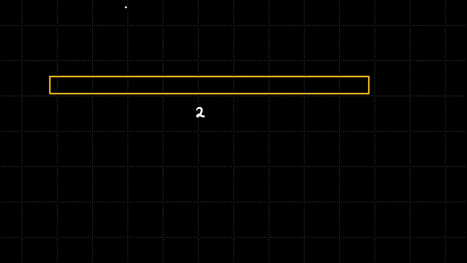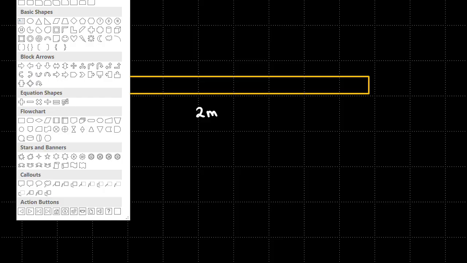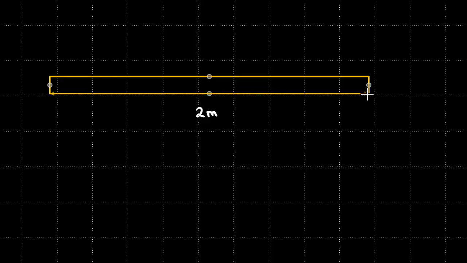That's why when we talk about physical quantities, we have to express both the numeric value and the unit. So I would say a rod of length 2 meters. But if I don't state the unit, or if I don't state the numeric part, I will be in big trouble. So I can say that this rod is 2 meters, or I can express it in other ways.